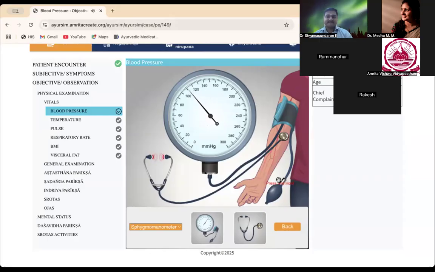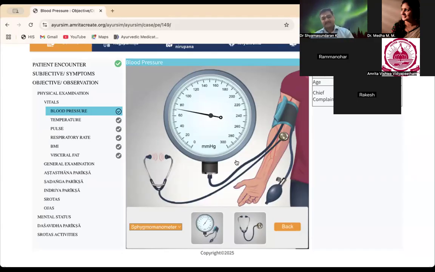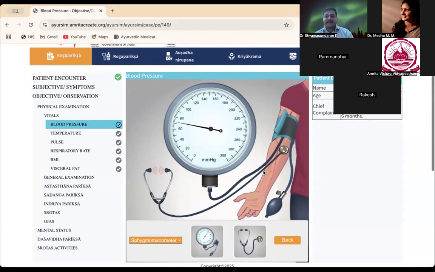And once the BP reference range comes, it will start to beat. So the student will actually be able to listen to the actual sound and see what is the right method of doing it. These are very important learning things, and the student will also enjoy this manner of learning. It is not monotonous.